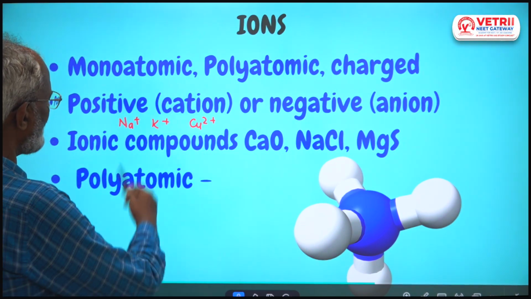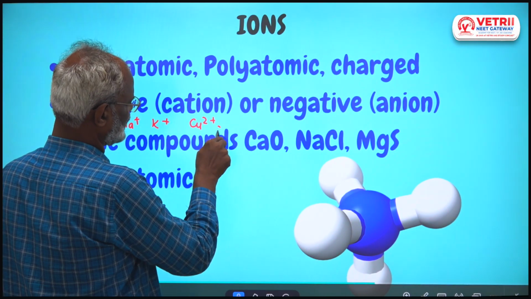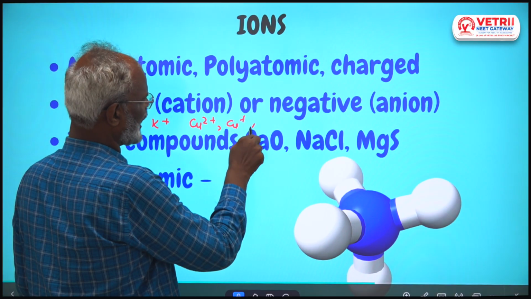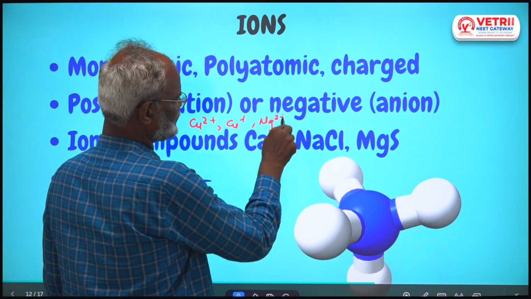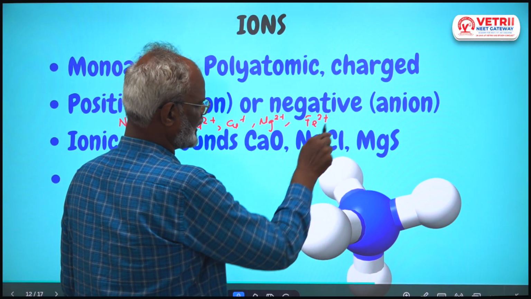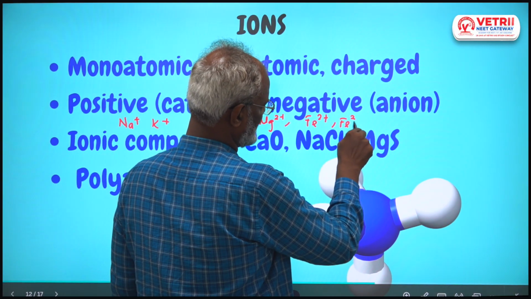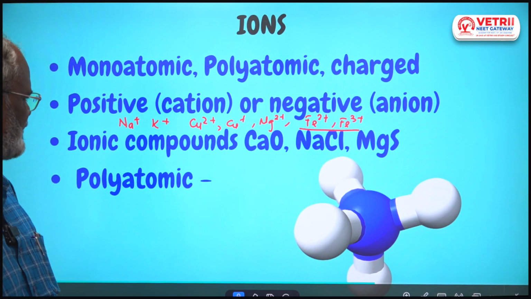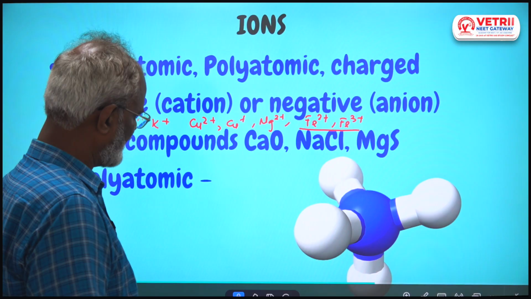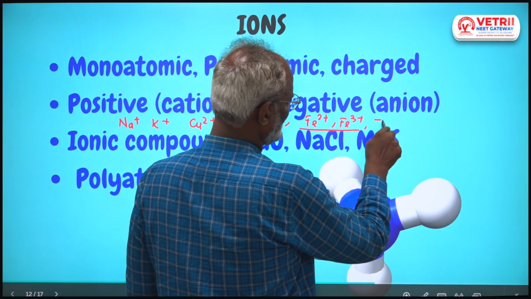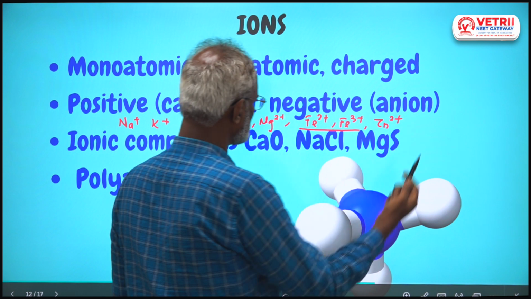Copper 2+, and there is one more which is copper +. That's a variable valency. Then you have Mg2+. Similarly, we have Fe2+, and Fe3+ is also there, variable valencies. Fe has two different valencies, one is plus 2, another is plus 3. Then we have zinc 2+, and so on.